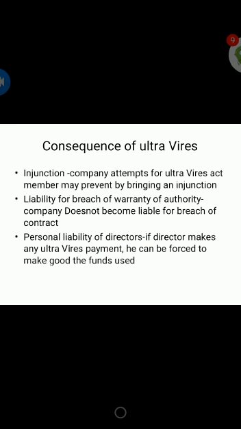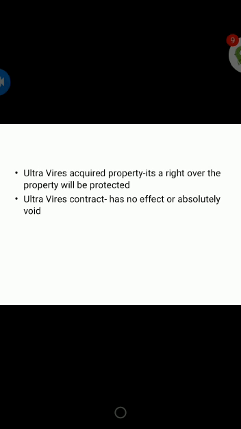If the directors make any ultra vires payment, in that case he can be forced to make good the funds used. Whatever funds are used for the ultra vires purpose and the company is suffering loss, the director will be made personally liable.